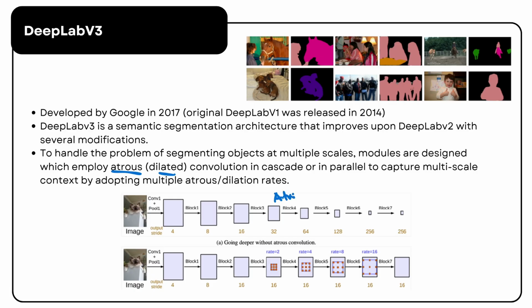Atrous spatial pyramid pooling, or ASPP. So the idea here is to capture both local and global context.